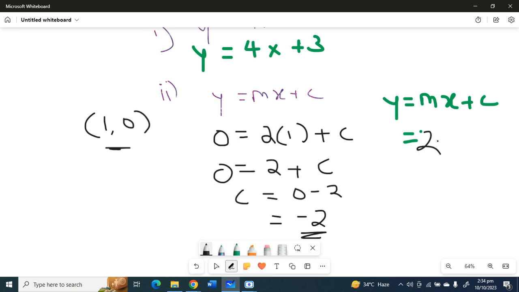And our y-intercept is -2. So it's 2x plus -2. Positive and negative make negative. So that's going to be 2x minus 2.